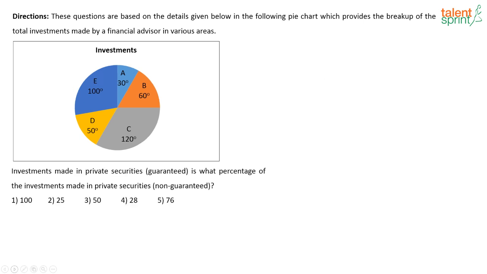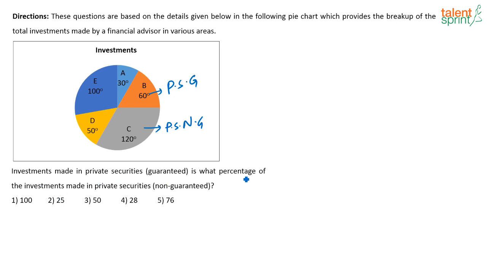Next one. Investment made in private securities guaranteed is what percentage of the investment made in private securities non-guaranteed? So, this is your private securities guaranteed, this is your private securities non-guaranteed. Very easy.